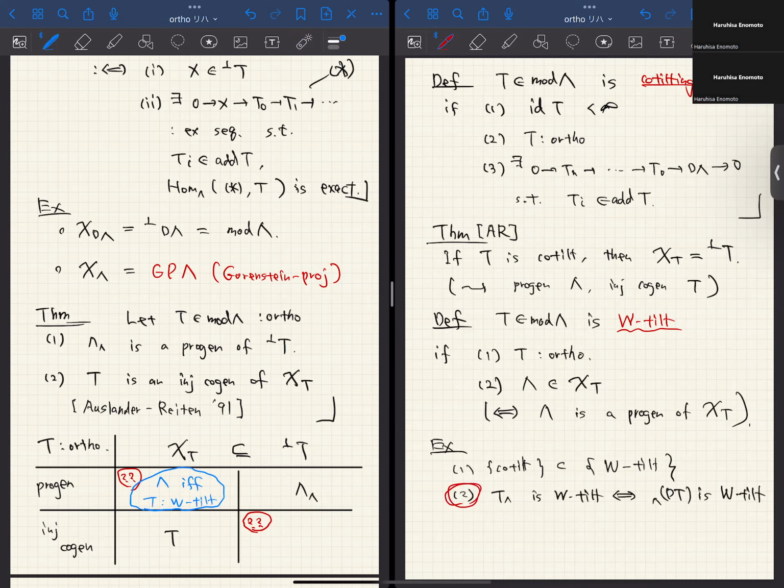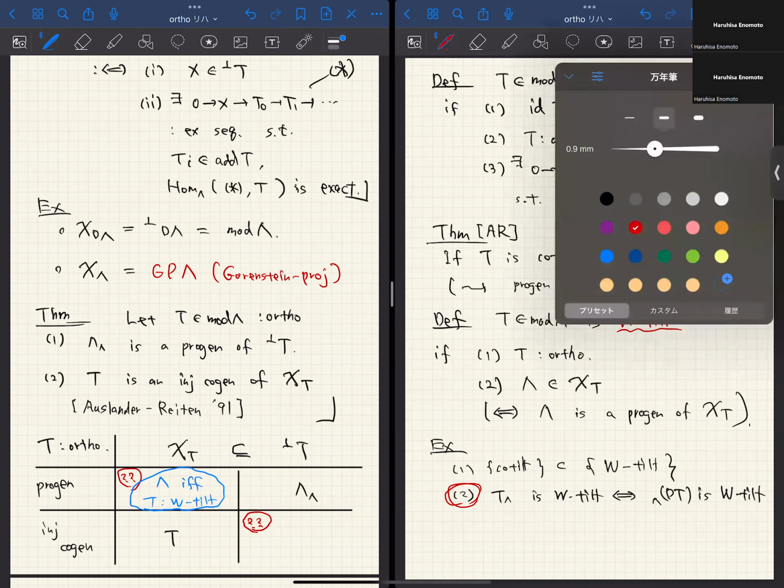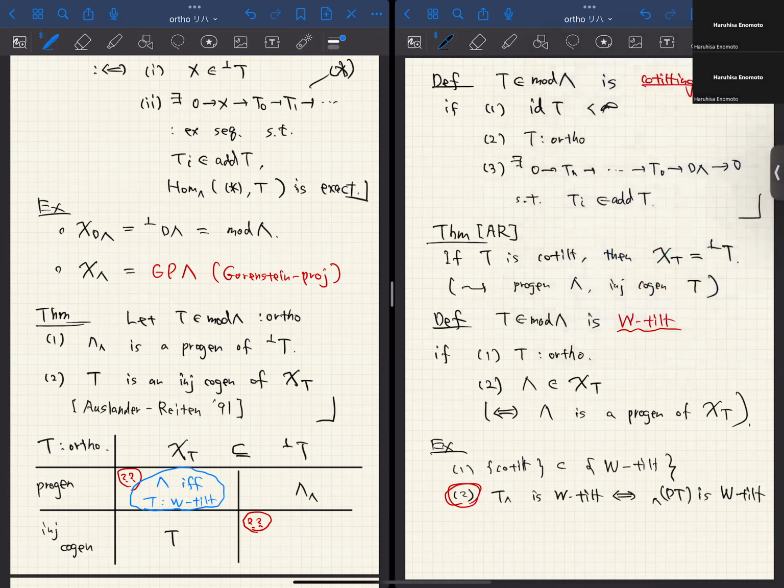This is not obvious, but proved by some homological algebra and ring theoretic observation. In particular, the dual of a cotilting module is a tilting module. So in particular, tilting modules are also Wakamatsu tilting modules.